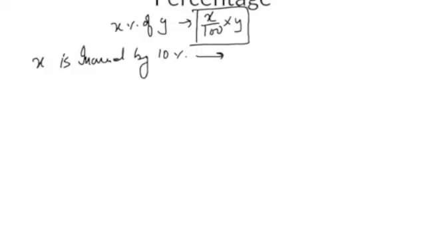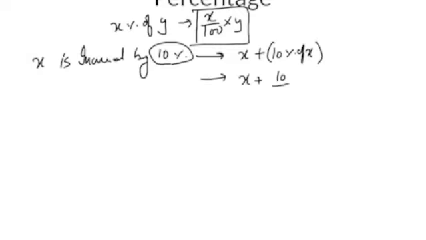X is increased means we are adding something to x. What are we adding? 10% of x we are adding to x. So x plus 10 over 100 into x, that is x plus 0.1 of x. So if I take x out, 1 plus 0.1.